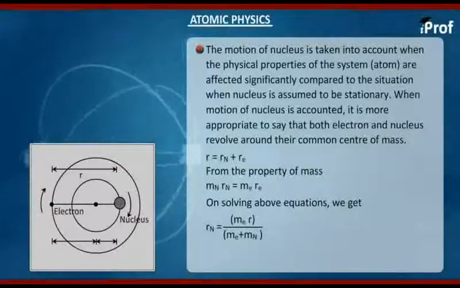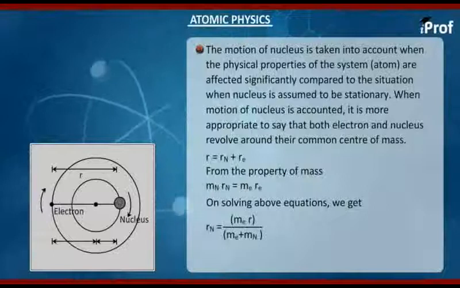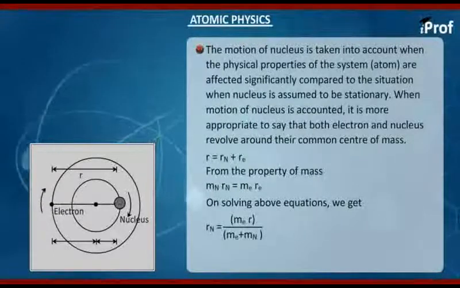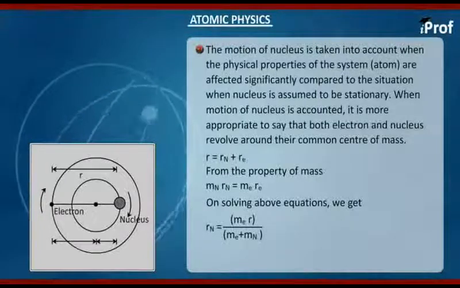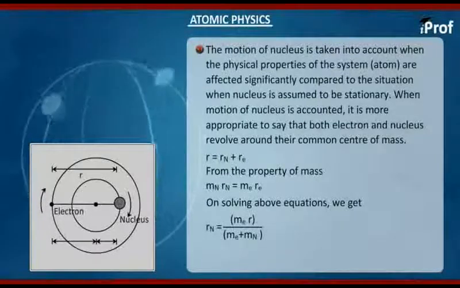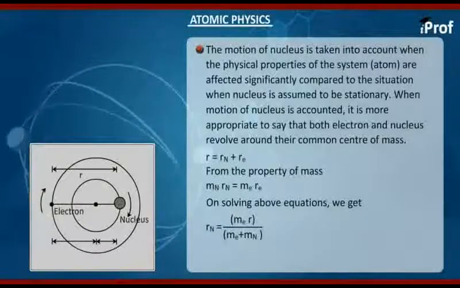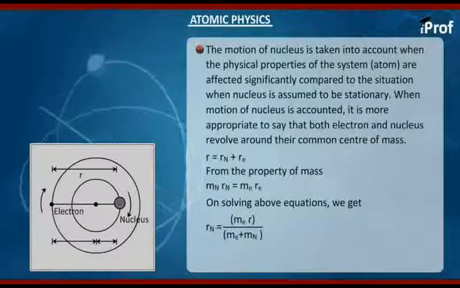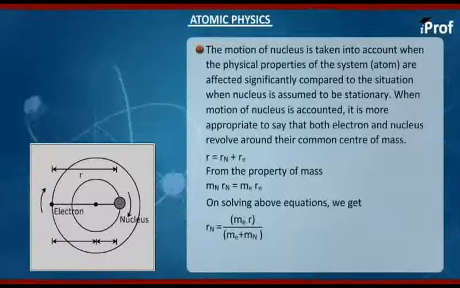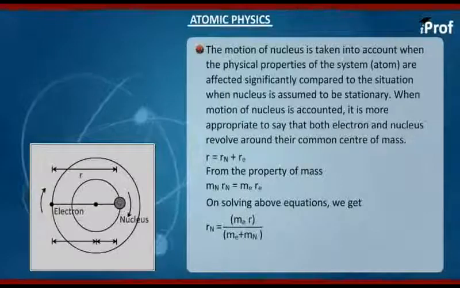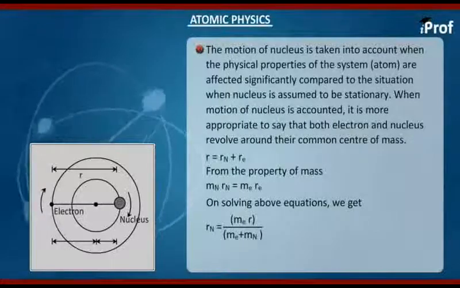Now by the very property of center of mass, we can write Mn Rn = Me Re. One of the properties of center of mass is that the center of mass of any system is the point about which mass moment is 0. That's why the relation Mn Rn = Me Re.